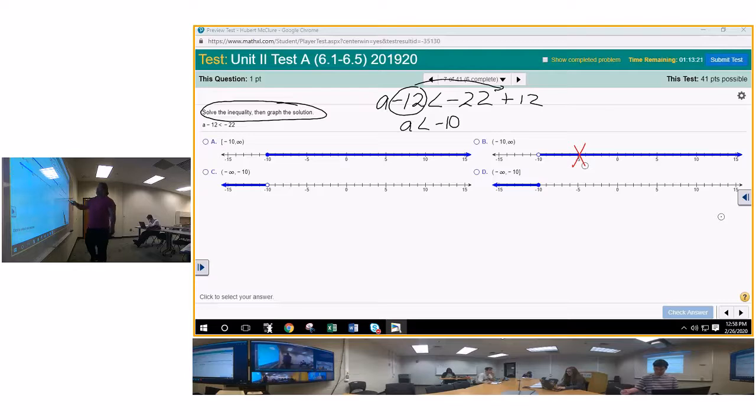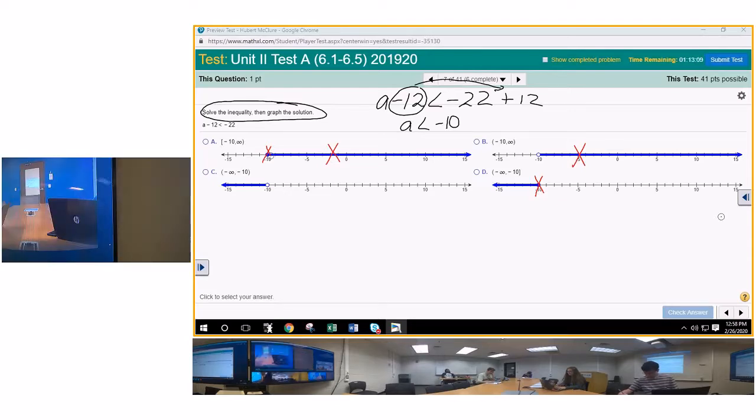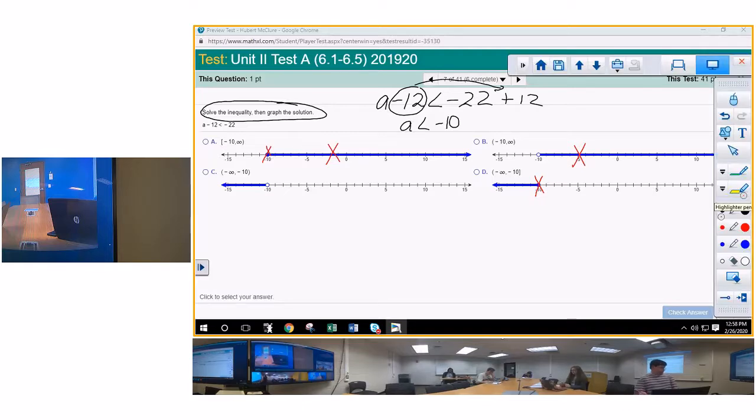I can take this one out because it has a solid circle there. I can take this one out because it's to the right and it has a solid circle. So what's the only logical answer? Charlie. C.